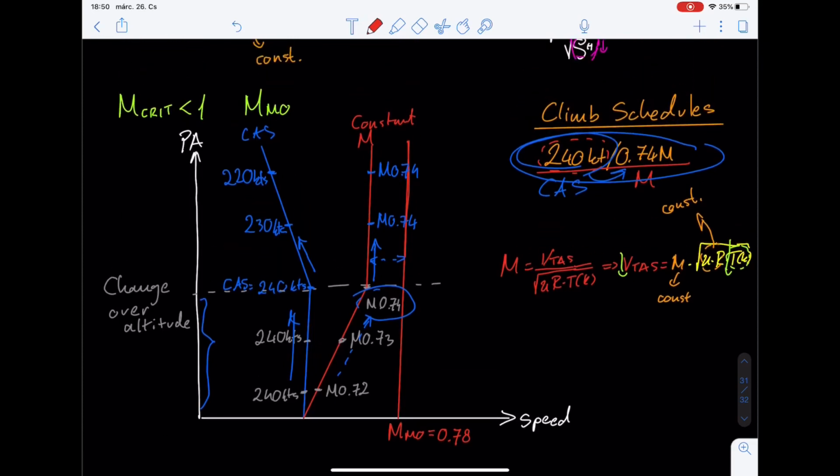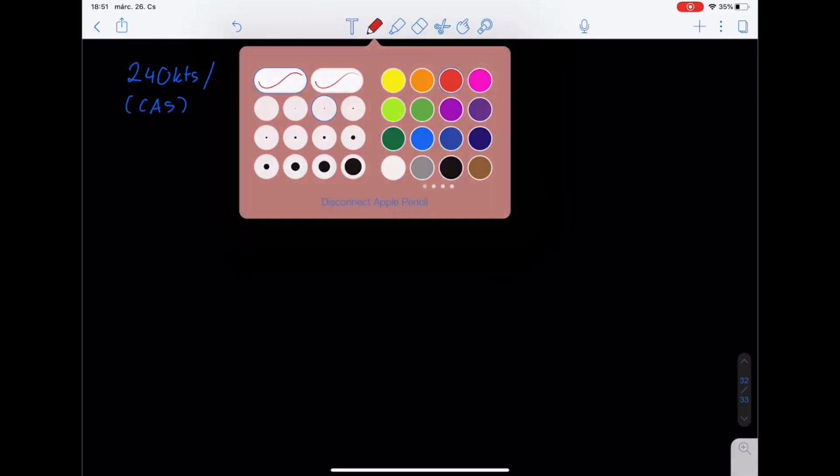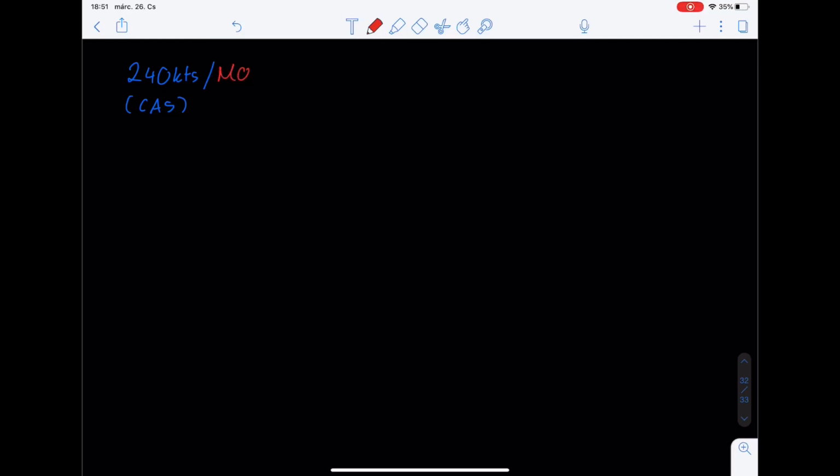Okay, so what is this changeover altitude dependent on during a climb? For example, the calibrated airspeed of the climb. So let's have two quick examples with two quick climb schedules. The first climb schedule that we're going to get is the same one as before: 240 knots, which is the calibrated airspeed, and the Mach number is 0.74.